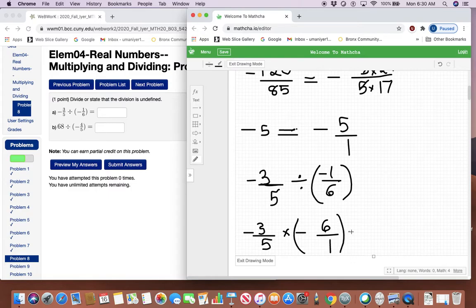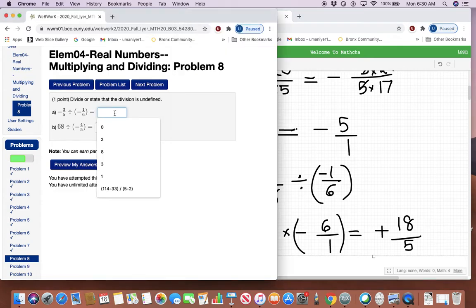At this point, notice negative times negative is a positive. If you could reduce anybody, you would. Nothing reduces, so that's 18 in the numerator, 5 in the denominator, so that's 18 over 5.